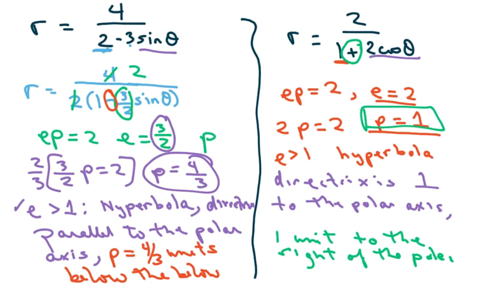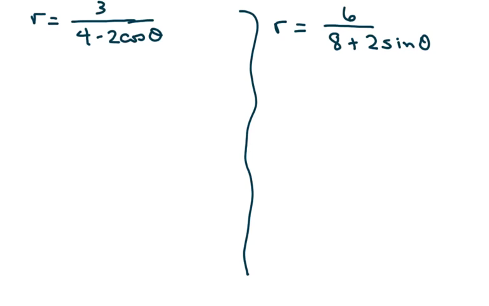Okay? Now save the harder ones for last. So we have 2 more to go. We have a cosine and a sine one. Notice that this is not 1. This isn't either. So basically, I'm going to rewrite this. Pull out a 4.